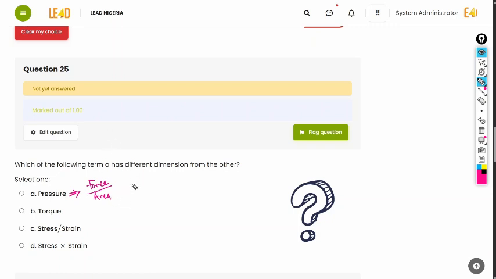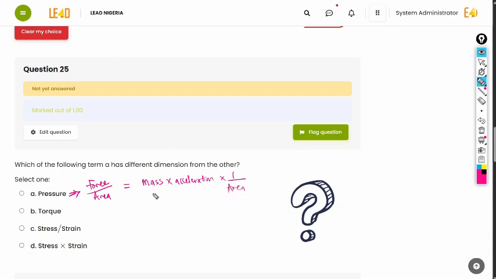Pressure is force over area, which is going to be Newton over area. Okay, fine, let's break down force. So that will be mass times acceleration, then times 1 over area, right?